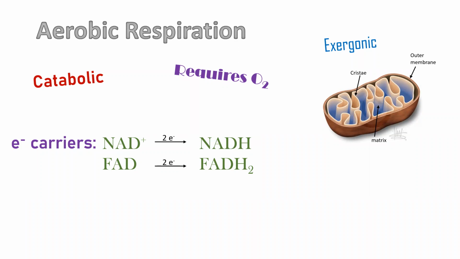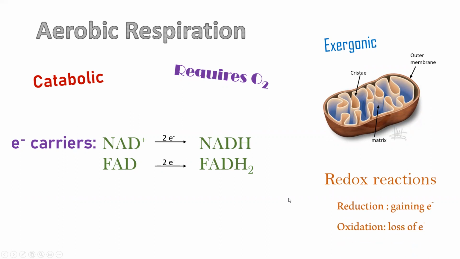Now, we do have some names for what we're going to categorize other reactions in this process as, and that is redox reactions, okay? Redox is actually merging two words together, and that is reduction and oxidation. We merge the name of those reaction types because they always go hand in hand.